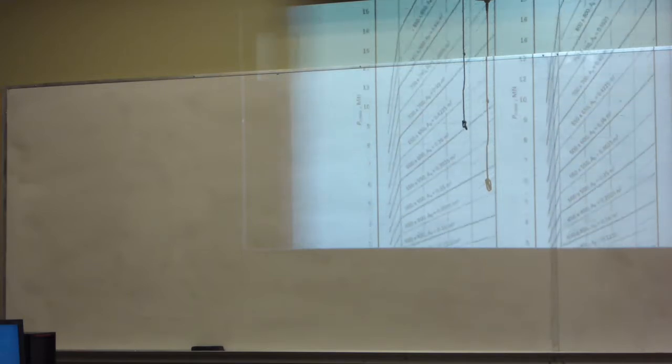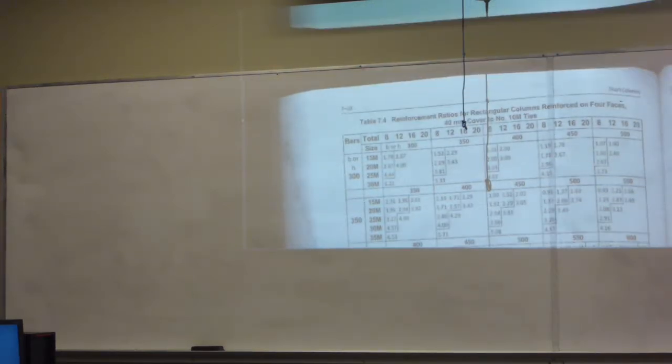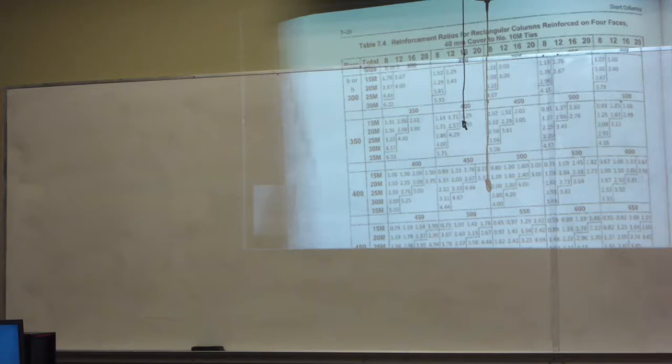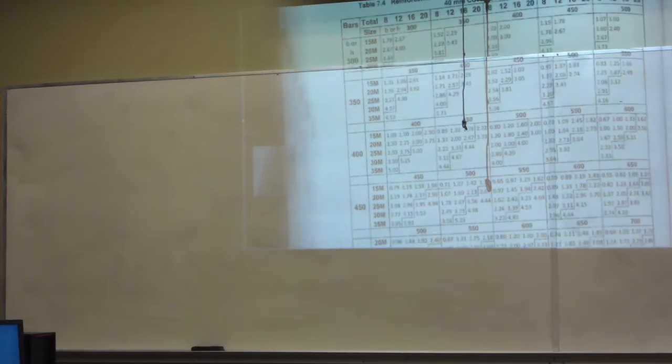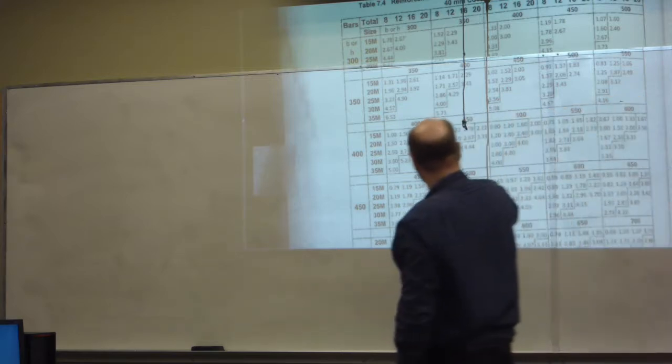We looked at this one and said we need a reinforcing ratio of about 1.5%. So I'm going to look at reinforcing on all four faces. That's going to be this table right here, and we're looking at a 450 by 450. So we're up into this region here.